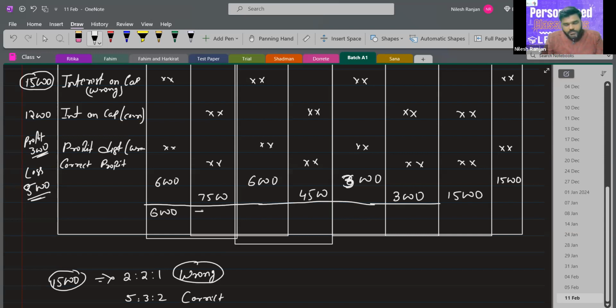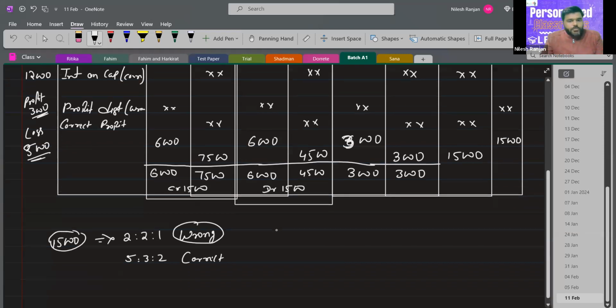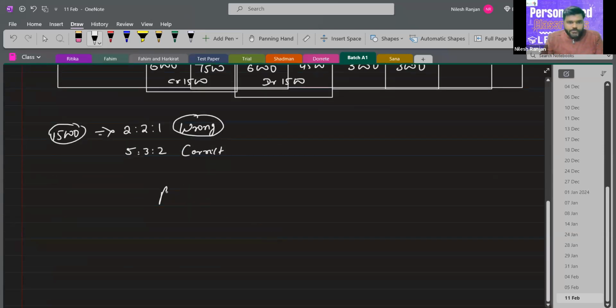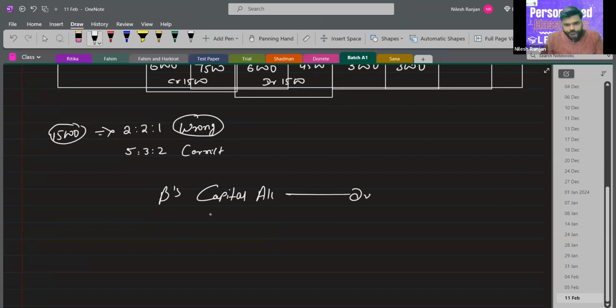So there will be a journal entry. It will be B capital to A capital. So journal entries are required.